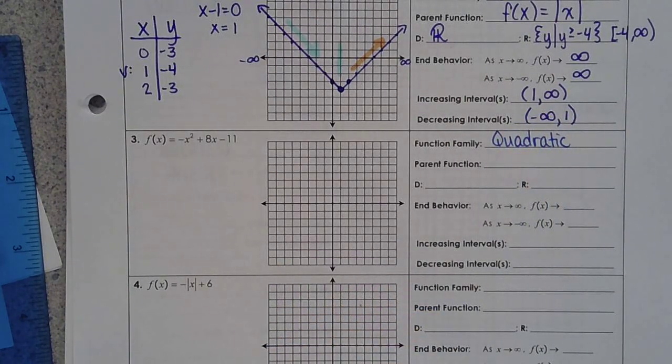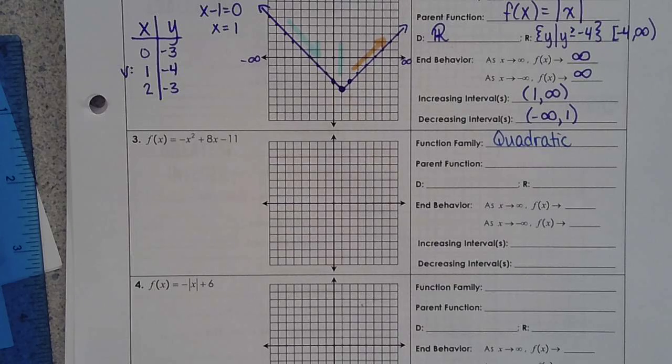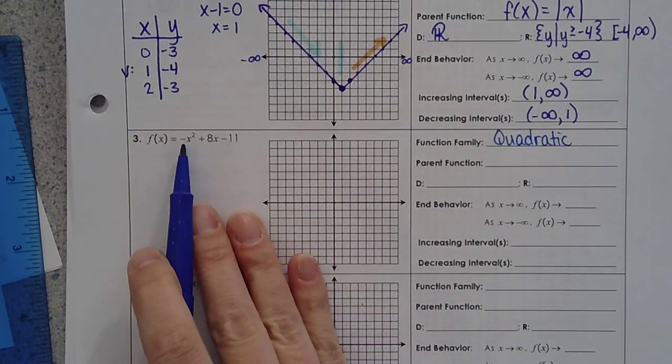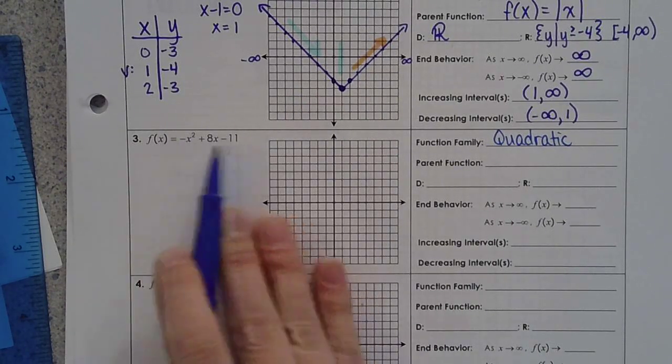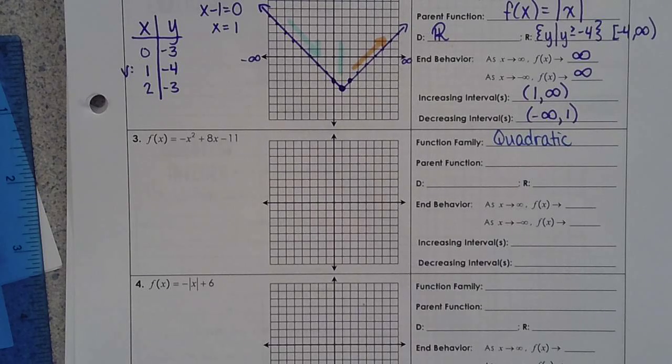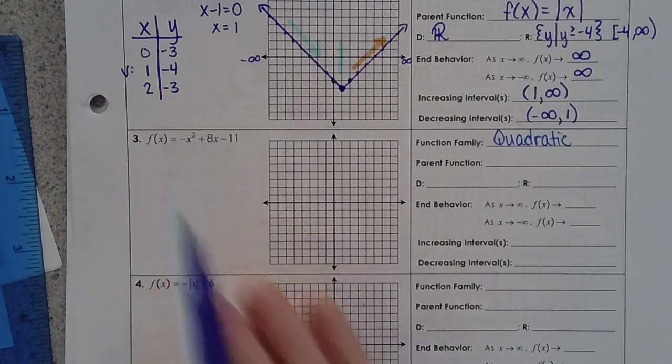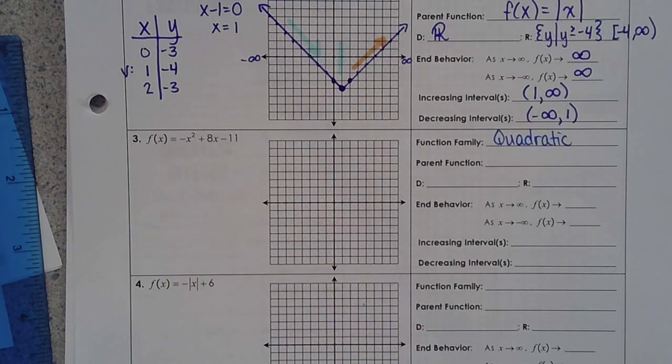That's my function family, so it's going to make a U-shaped graph. I can tell a few things by looking at this. My a is negative, so it's going to open down. And it's got some other numbers on it, so it's going to be scooched around the graph. But it doesn't have a vertical stretch or compression, so it's going to be a standard width.